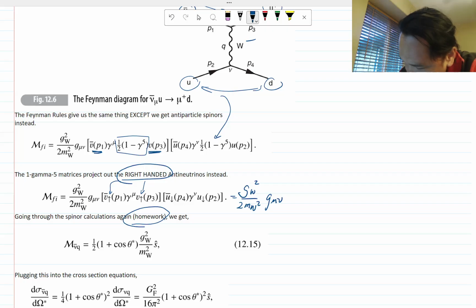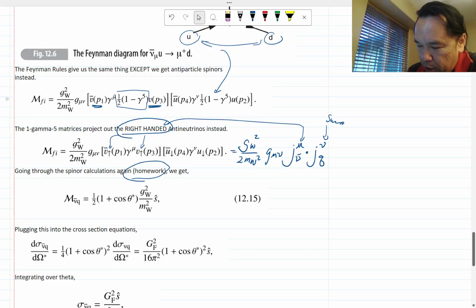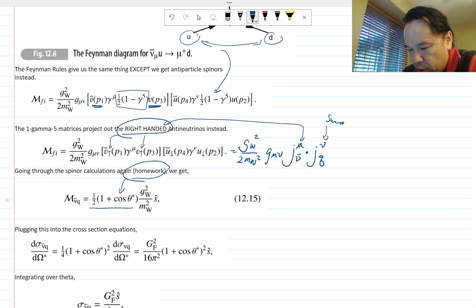You still have this g_mu_nu, and then you have the current for the antineutrino, let's put that as a mu, and then dot product it with the quark. This stays the same, while this is right-handed instead of left-handed. And this is going to give us an angular dependence on our matrix element, specifically 1/2 times (1 plus cosine theta).